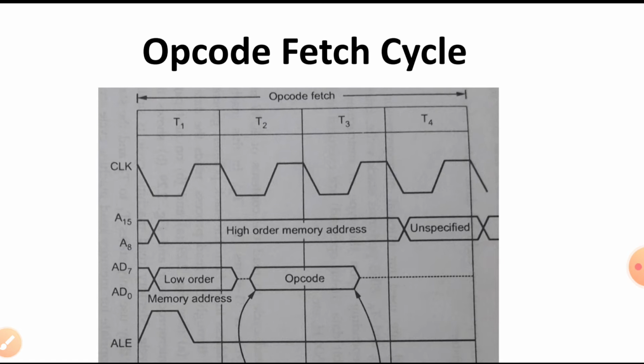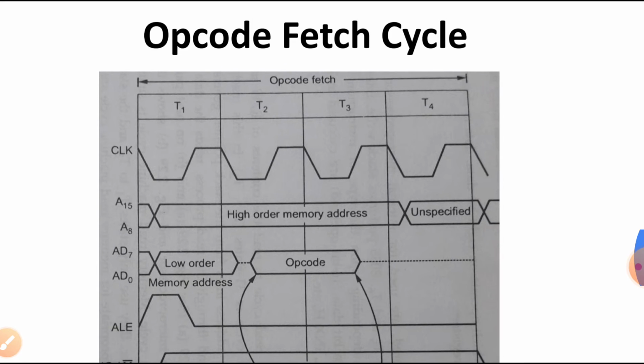Now in this machine cycle, the processor places the content of the program counter on the address bus, and through the read process, the opcode of that instruction is read.